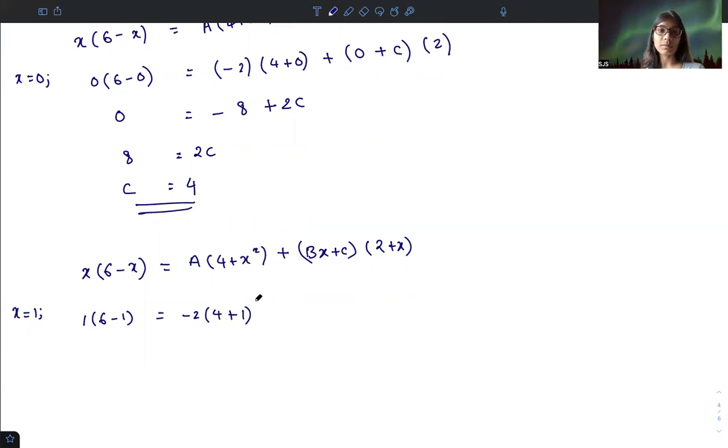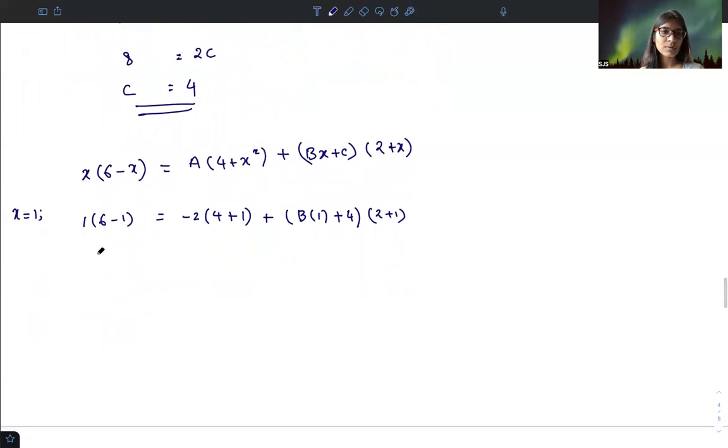This whole number becomes much bigger, which we don't want, to keep our calculation simple. x is 1, so b times 1 is b, plus c, which is 4, and 2 plus 1. 6 minus 1 is 5, is equal to 5 multiplied with -2, which is -10, plus b plus 4 times 3.